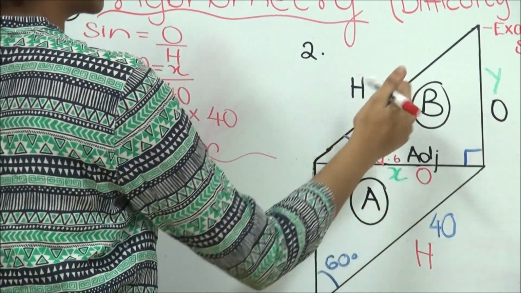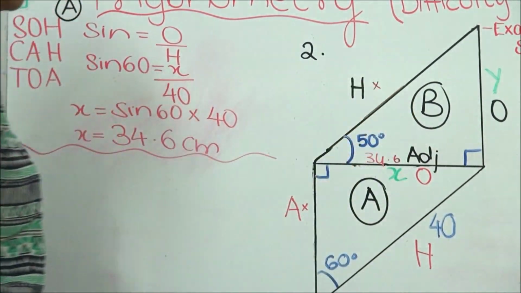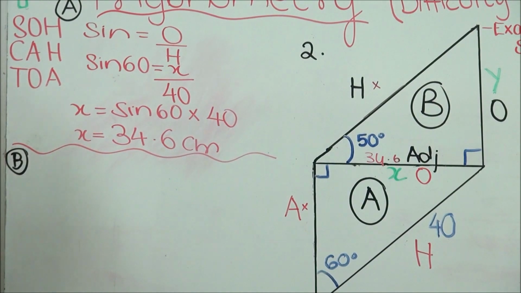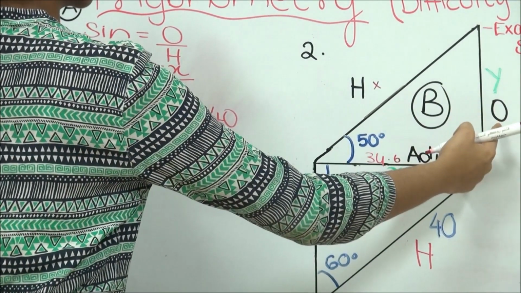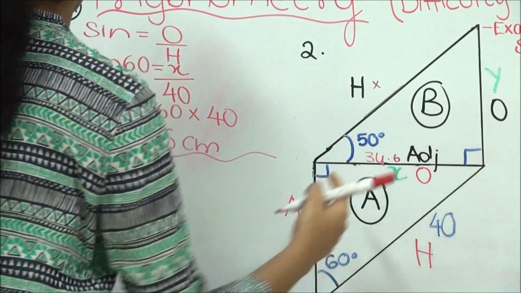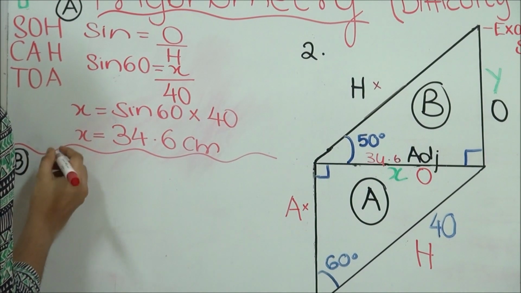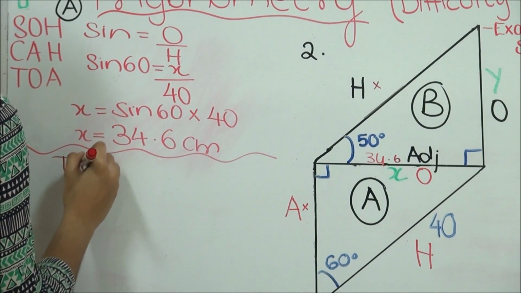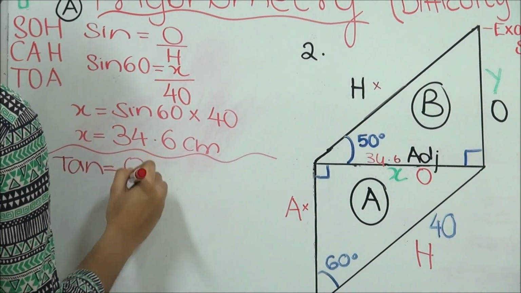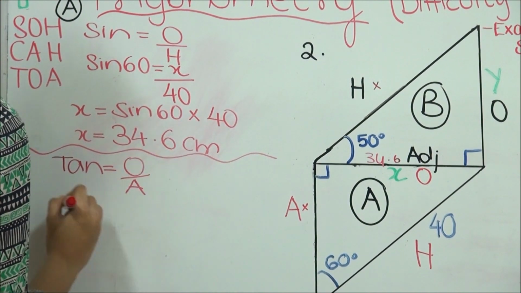We don't have hypotenuse, so I'm making a small x to indicate that. Now, we need to find y, which is opposite, and we have adjacent. The formula that we use is going to be TOA, or tan. So we write the formula first. Tan equals opposite over adjacent.